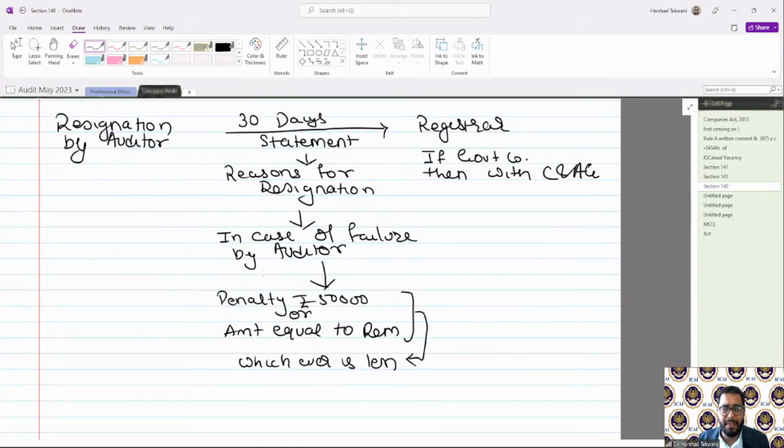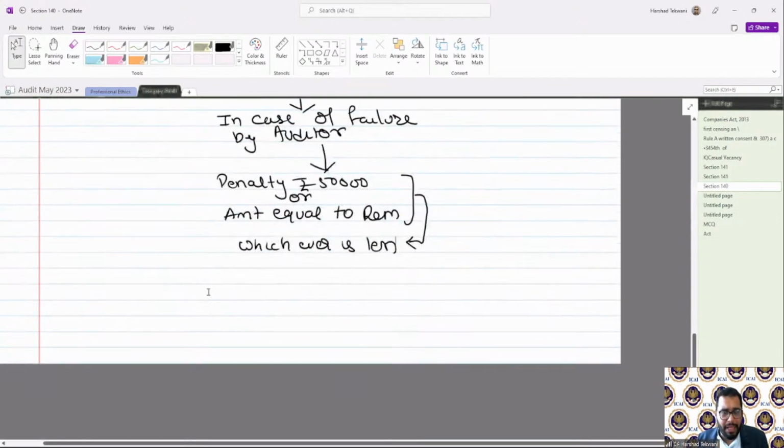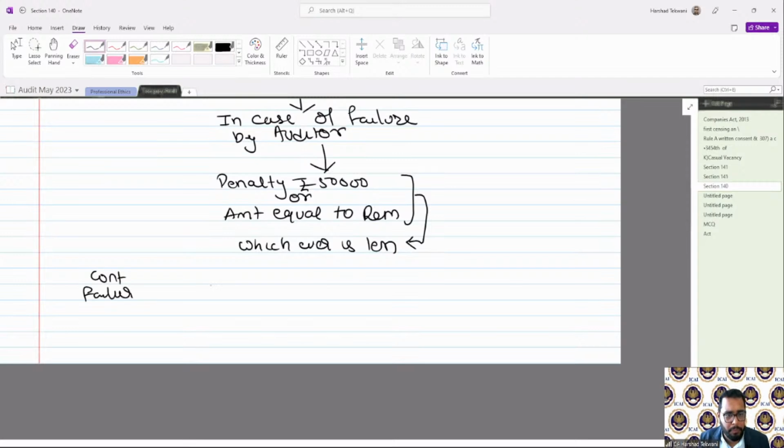Now, if this is a continuous failure, which means there has still been a failure, in that case, the penalty is rupees 500 per day for each day such failure continues, maximum of rupees 2 lakhs.